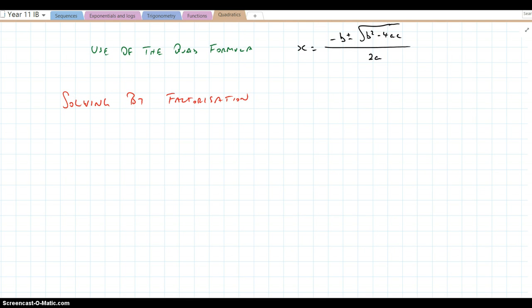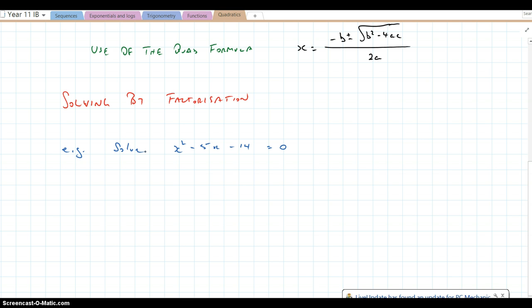Can we do it? Okay, so let's look at an example. x squared minus 5x minus 14 equals 0. So solve that. That's the instruction. That's the task.